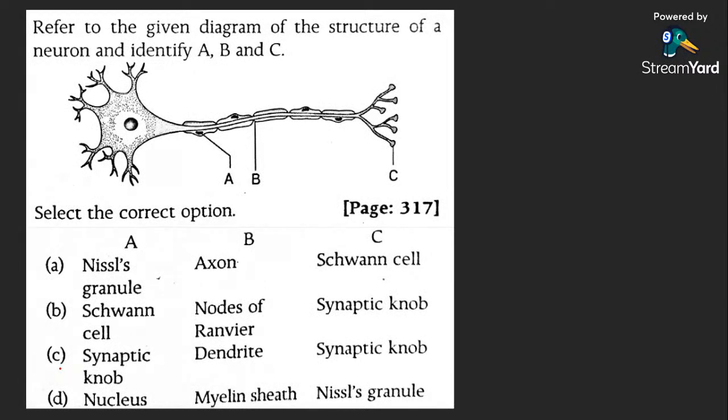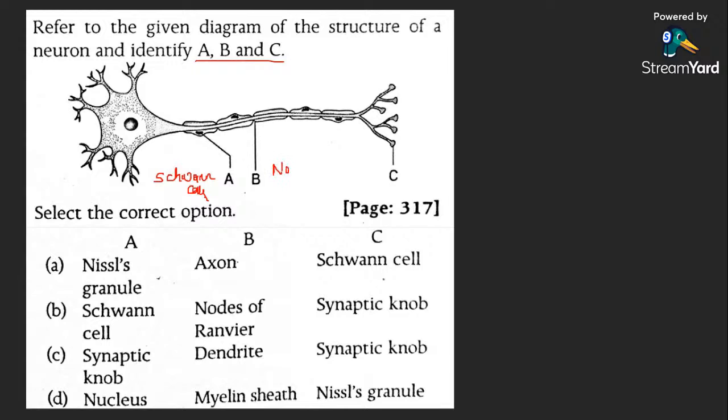Refer to the diagram of the structure of neuron. Identify A, B, and C. What is A? The cells that produce the myelin sheath in a myelinated neuron. What will you call them? Schwann cell. What is B? B is the small nodes in between.